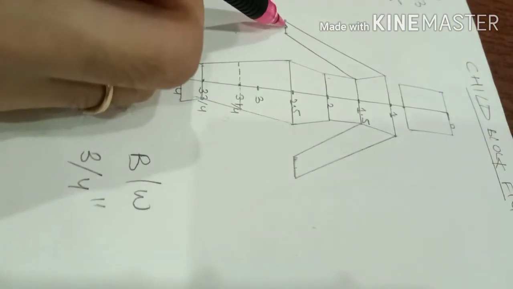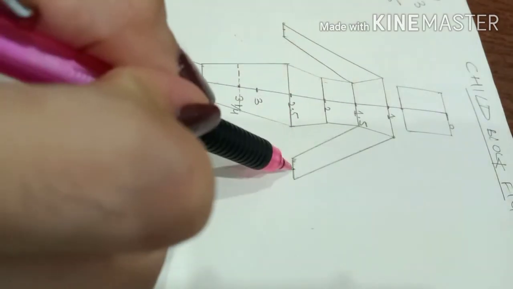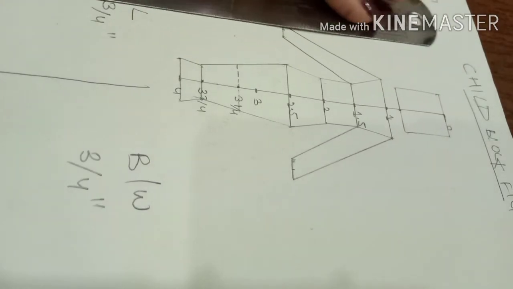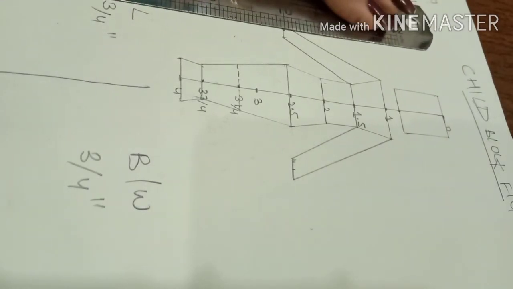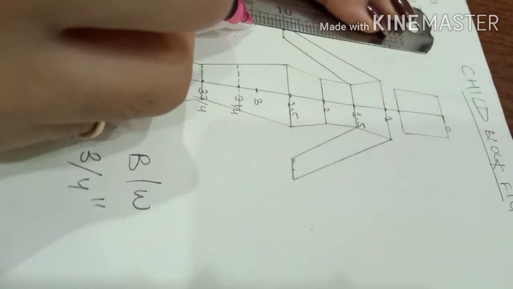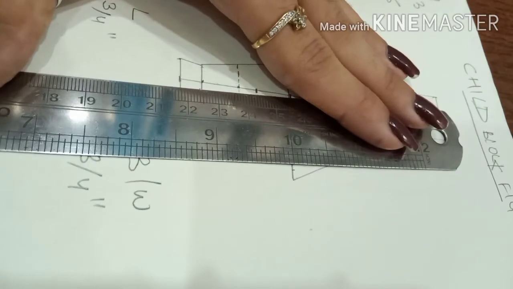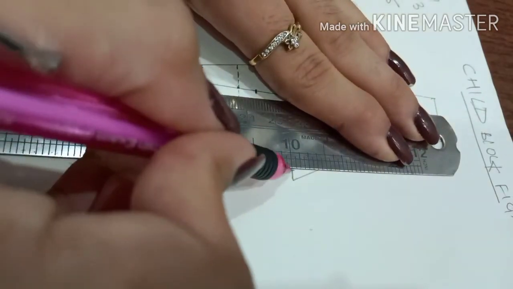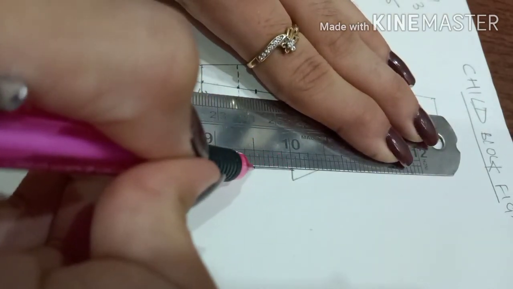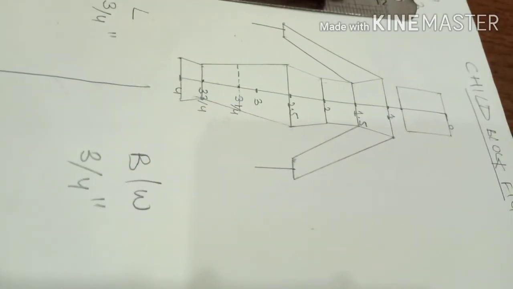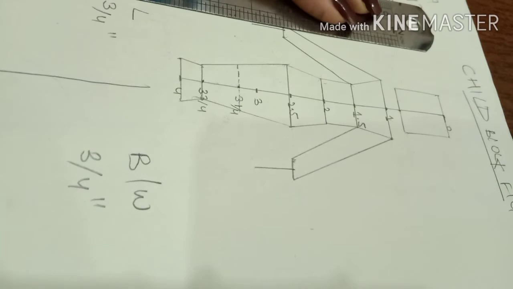As we have marked the center, this and this, now we will draw a line that is half inch down. Now mark the center of this half inch.